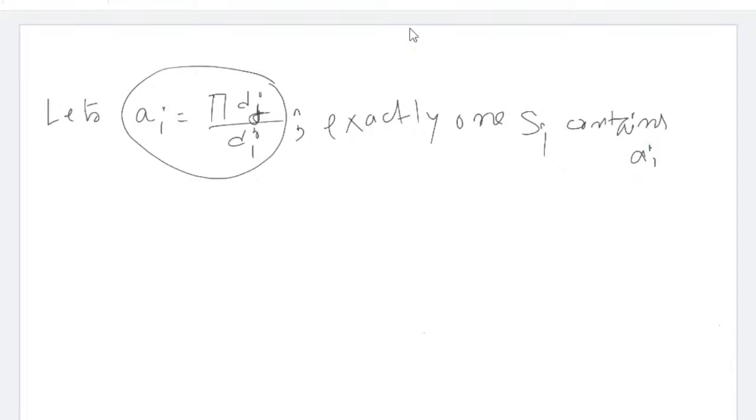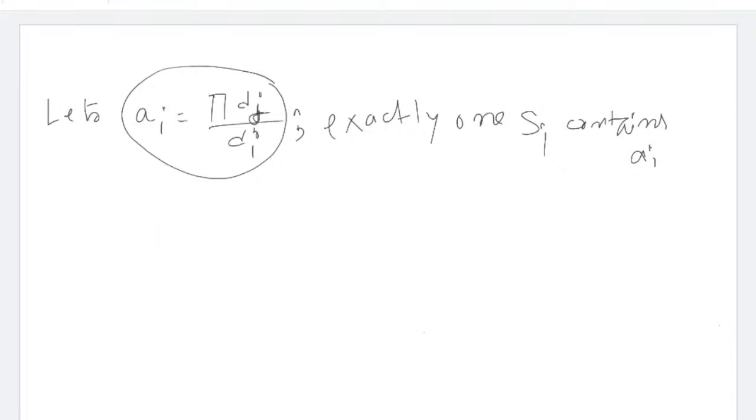Is it compulsory that all the di are equal? No, not necessarily.